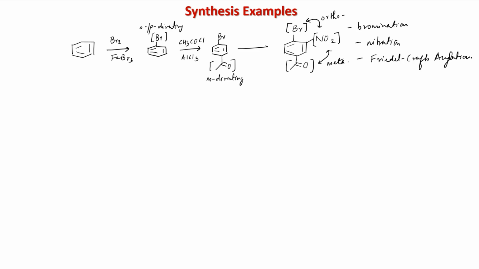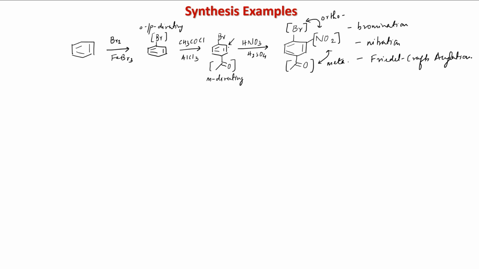And so now if we do a nitration after this as the third reaction, it is going to give us the expected product, because the ortho position to the bromine and the meta position to the acyl group are at the same carbon.